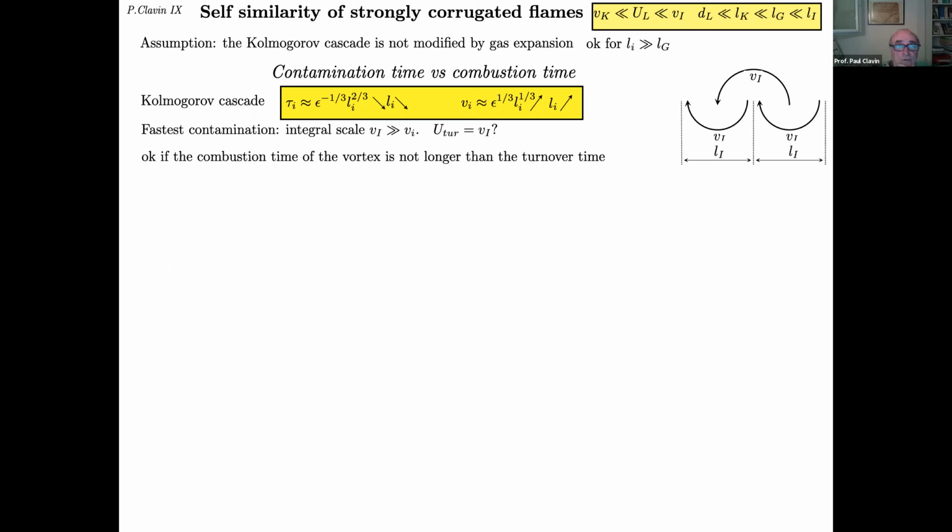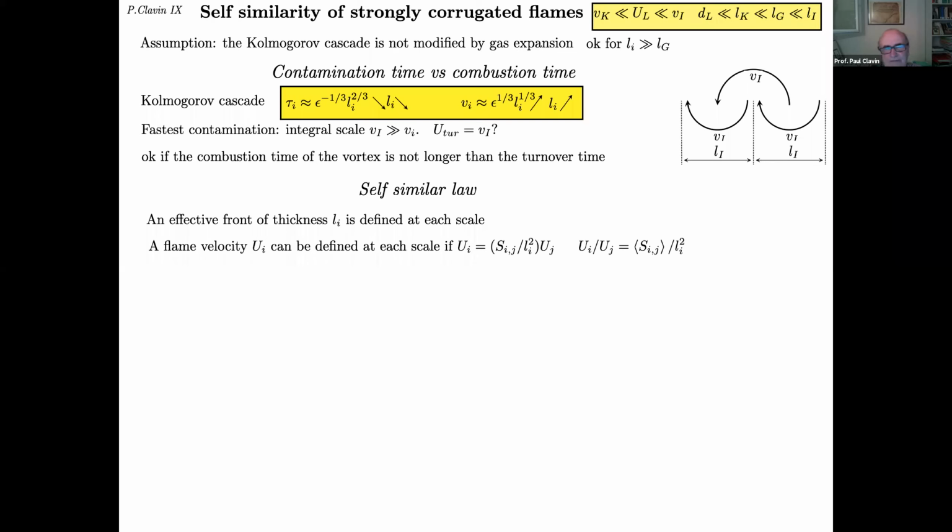If the combustion time of the vortex is not longer than the turnover time, which means that during the contamination from one vortex to the other you burn everything completely, then things propagate at this velocity, and this defines the propagation. So, assuming this, the turbulent velocity is simply the velocity of the integral scale.